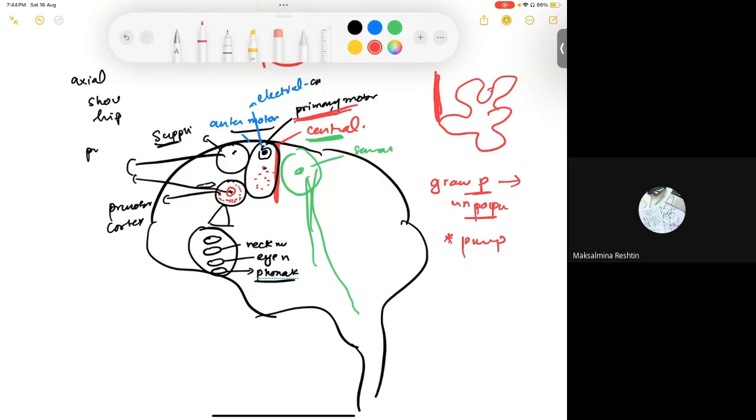So this area which is responsible for phonation, making words, is basically called Broca's area, right? Broca's area is going to be present in the dominant hemisphere. Most individuals are left dominant hemisphere, right? An individual who writes with his right hand is going to be left dominant. So Broca's area is mostly present in the left dominant hemisphere, in the premotor cortex, just inferiorly.